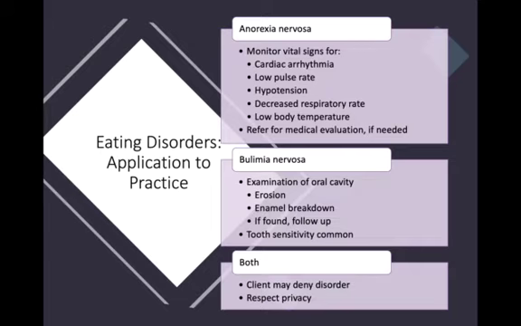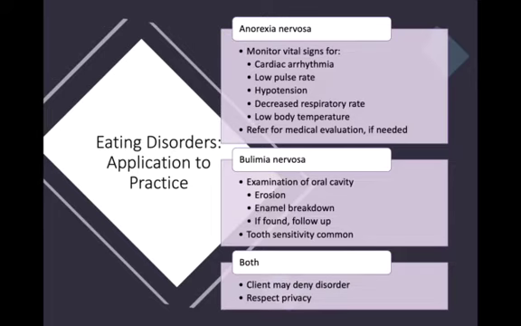With anorexia, we may not notice it as much orally because it's just the lack of eating foods, but we may notice it in some of our vital signs, like a low pulse rate, very low blood pressure, and decreased respiration. They may even have a really low body temperature, which, as we know now, because of COVID, we are taking people's temperatures. So that may be something, if we routinely see that for someone, and we may refer them for medical evaluation if we need.